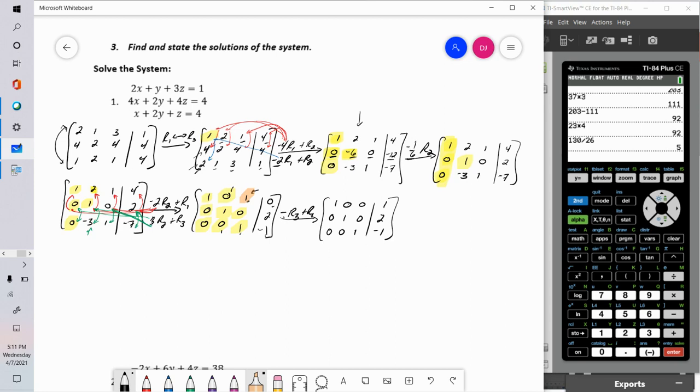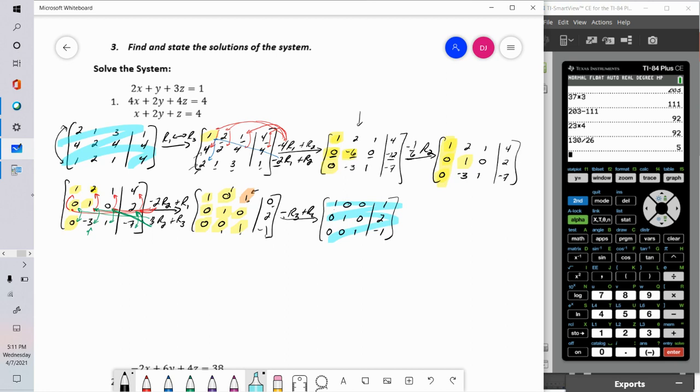So remember, the first thing that we need to do is to write the system as an augmented matrix, and there it is. The second thing we need to do is to use our row operations to reduce this to reduced row echelon form. The third piece we need to do is to find and state our solutions.